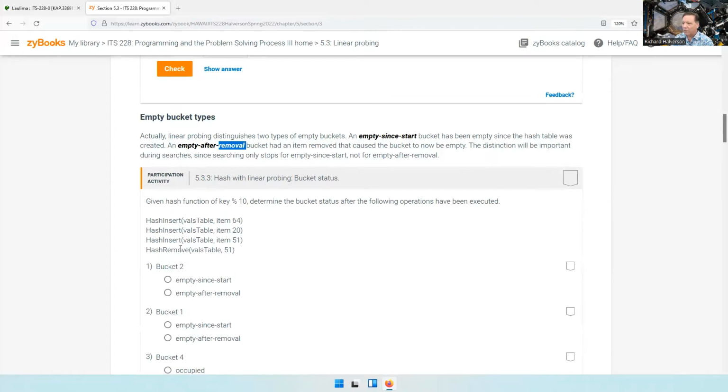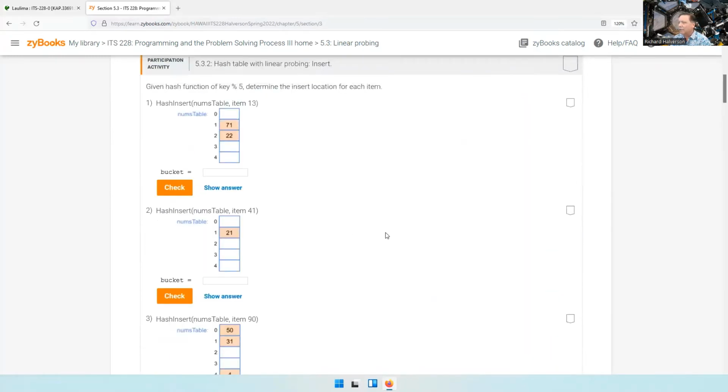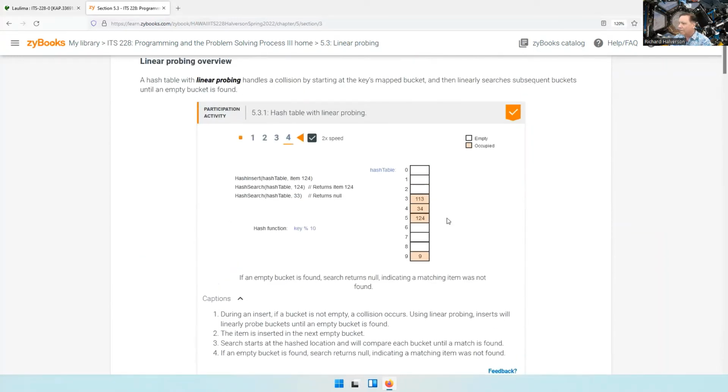And you have to know that, because, for example, back here, when we were looking for the 33, we stopped at 6. With 6 empty, we thought, oh okay, we didn't find our 33.